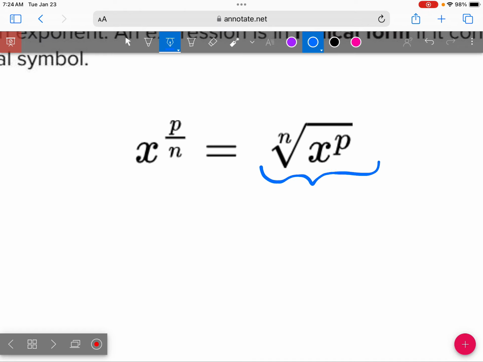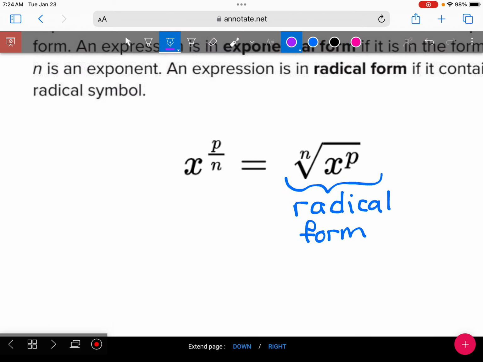This side is called our radical form, because it's got a radical in it. And this is called our exponential form, because it's just exponents.